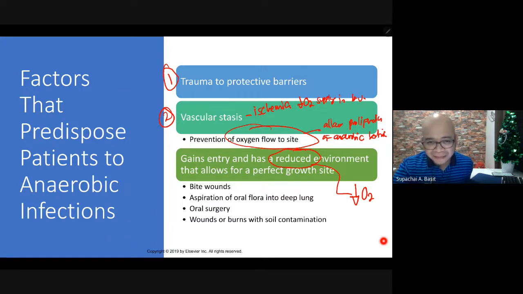And then sometimes patients will develop ischemia, and that is a perfect formula for amputation because of gangrenous wound. Mapuputol talaga yung paa. Okay?